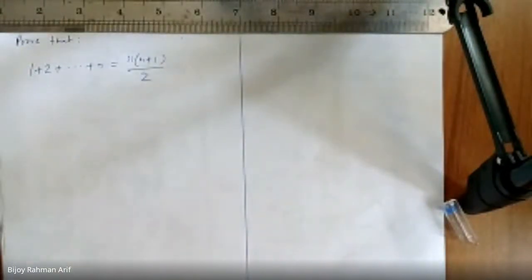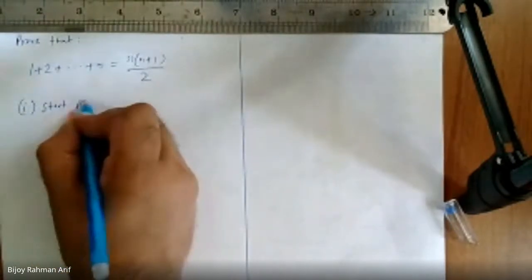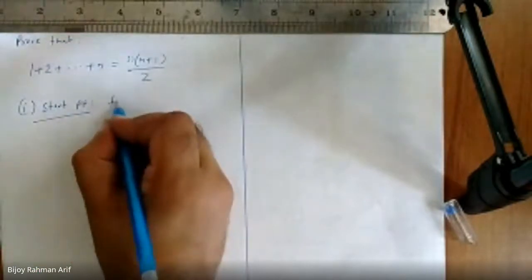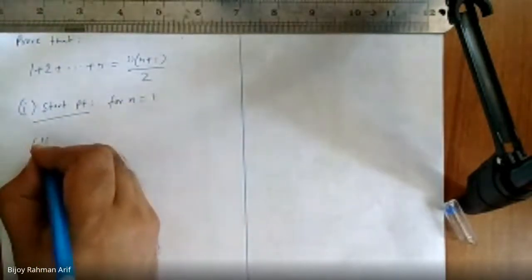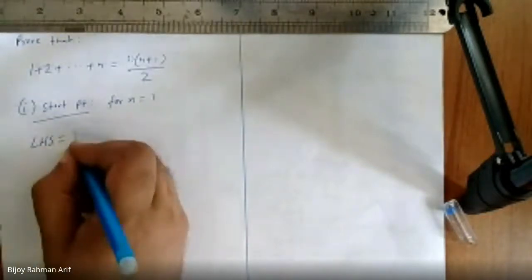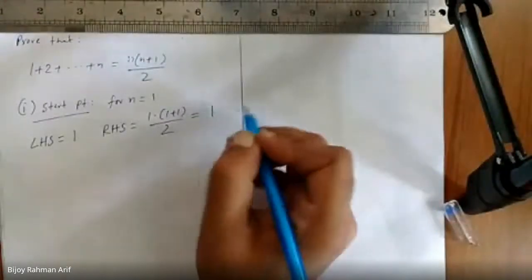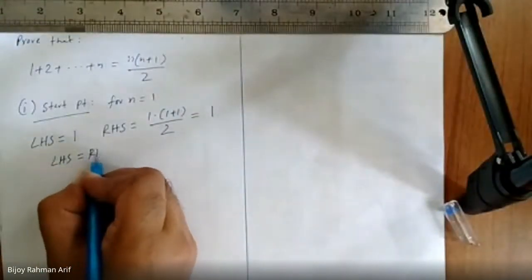So how can you prove that one? What is the first step? Start point. For n equal to 1, what is the LHS, the left hand side? 1. What is the RHS? 1 into 1 plus 1 divided by 2, which is nothing but 1. So LHS is equal to RHS.